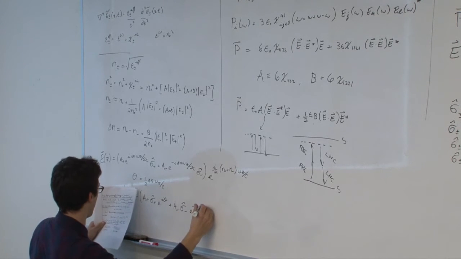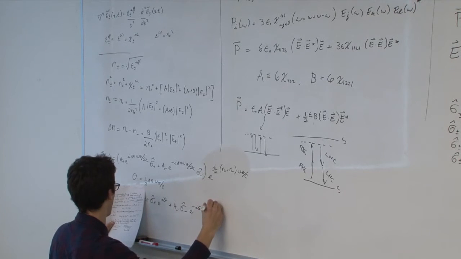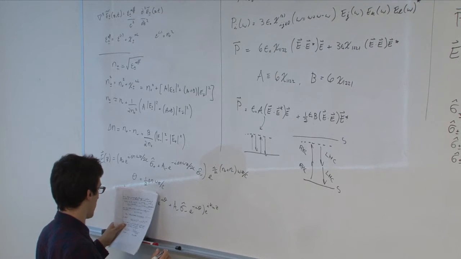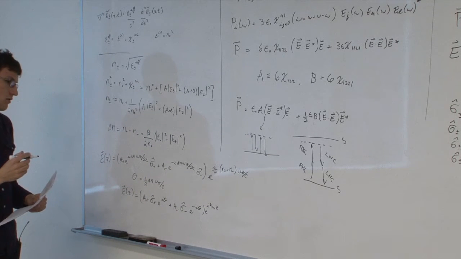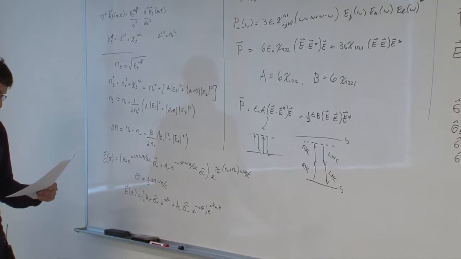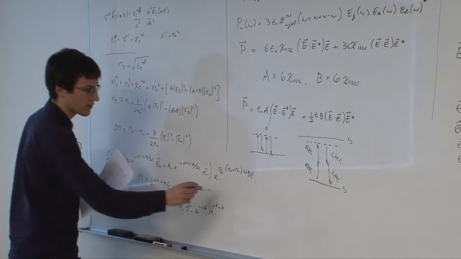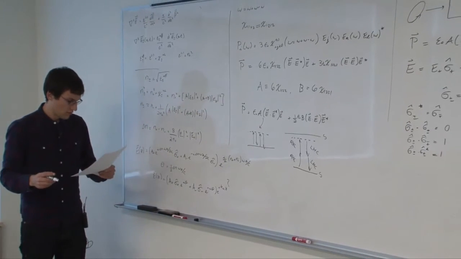This is just more compact, and I find e to the i k m z. I feel like there's something missing in this factor from the notes I have, but this is just simple algebra. It's basically the same thing as here.